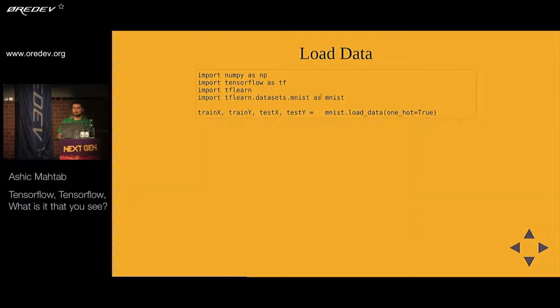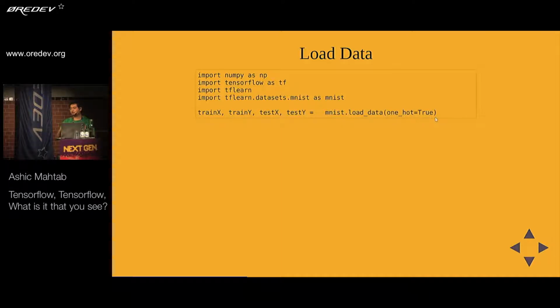MNIST is a well-known data set that consists of handwritten images and corresponding labels for each of those images. What we're doing here is using a pre-built function in TF-Learn. You're taking the MNIST data set and loading the data. And one hot means that for each category, you have a separate column. So for 0, you have one column. For 1, you have another column. For 2, you have another column.